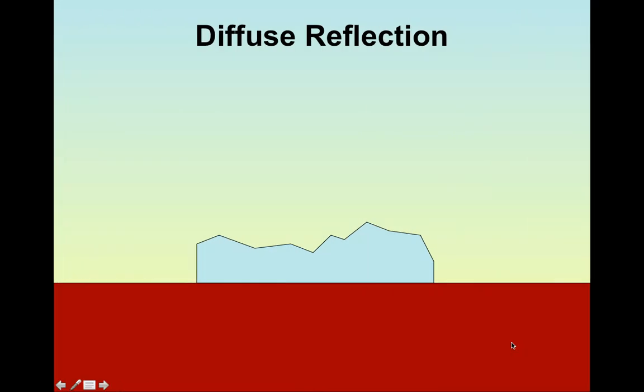The other type of reflection we have is diffuse reflection. This kind of looks like an iceberg, or possibly a piece of glass that fell and shattered and is now on the floor. When we're talking about reflection, we're not necessarily talking about a mirror that you can look into and see yourself. That has slightly different properties. We're talking about objects that are able to produce a reflected ray.